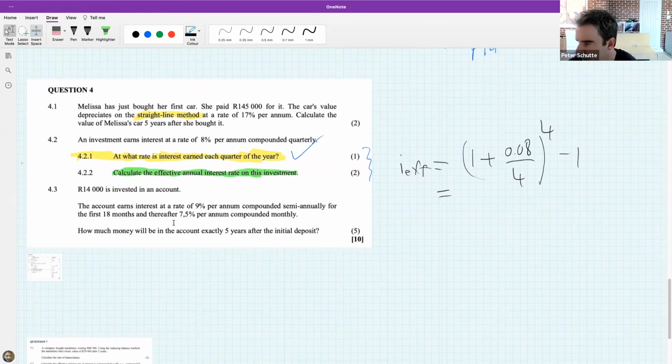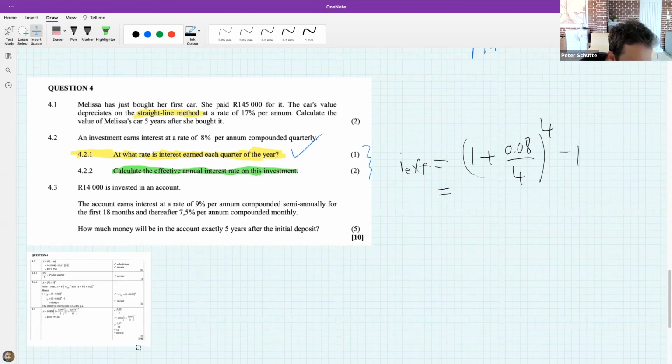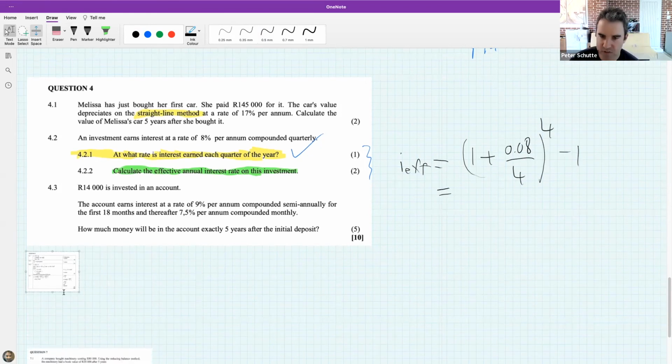Now, I would expect it to be higher than the 8%. I'm just going to use the answer sheet because we're running out of time here. You should get 8.24% per annum.